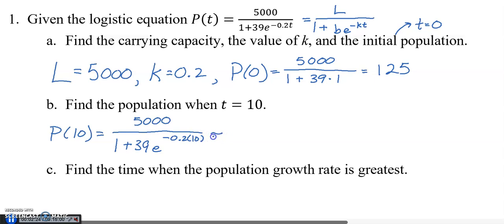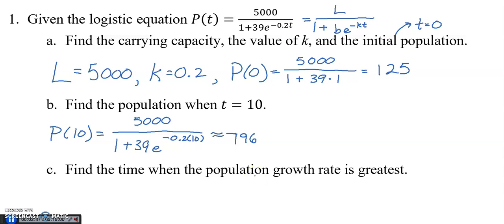When you use a calculator, we're going to get approximately 796.422, but since this is a population, perhaps it's best to round to the nearest whole number. 796 is the population when t equals 10.